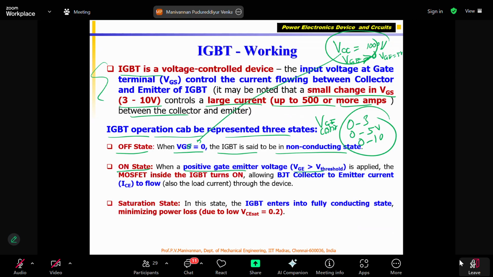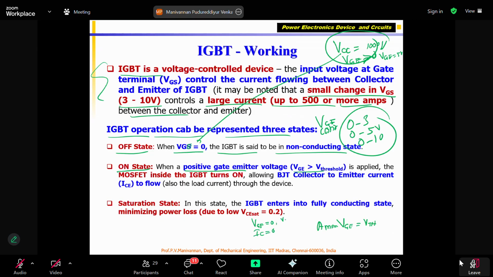One more thing: for the MOSFET to conduct, you need to supply a minimum VGE, which is called the threshold voltage. If you see the IGBT specification, they say threshold voltage VTH. For example, my VGE was 0, so automatically my IC is 0.